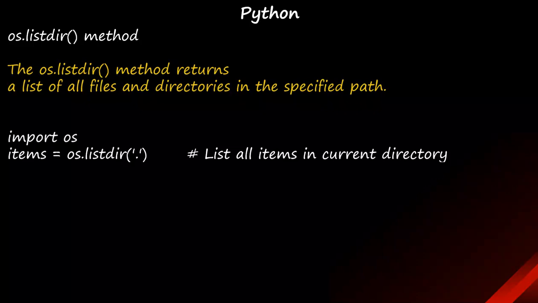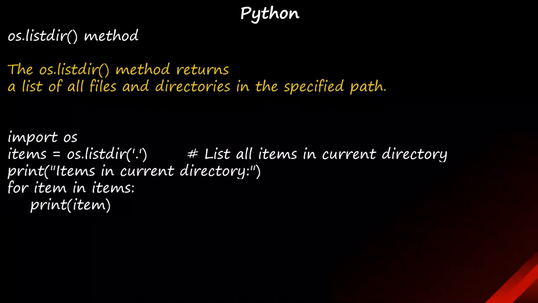Here dot means starting from the root directory, and whatever the directory names and file names are can be considered items, and then you can just print it. So print items in the current directory, as for. Why are we using for?